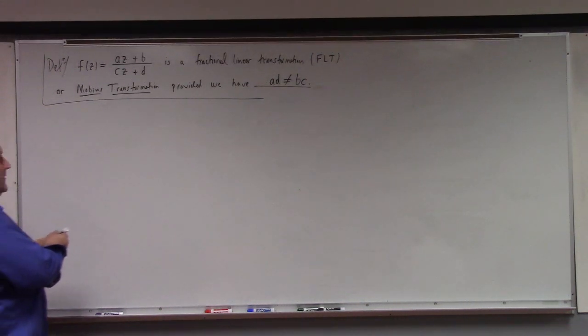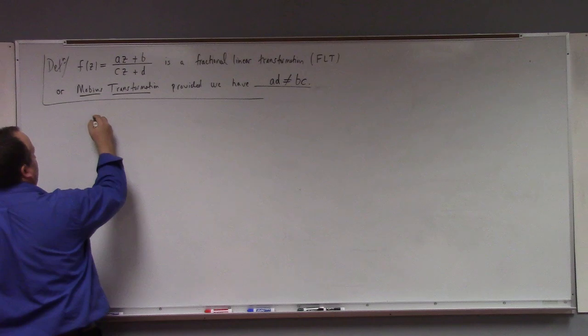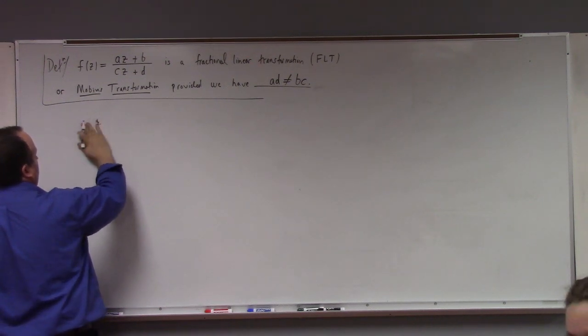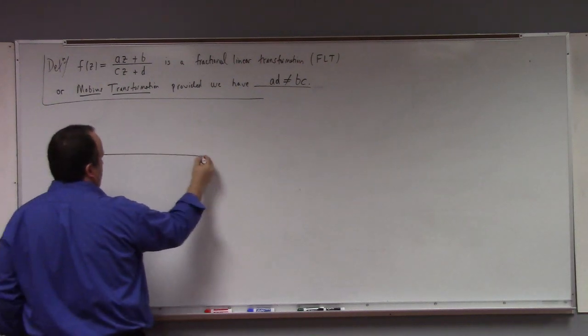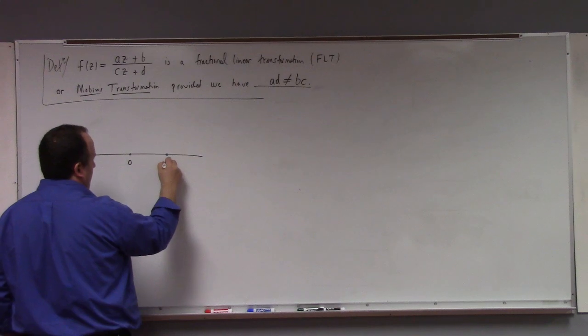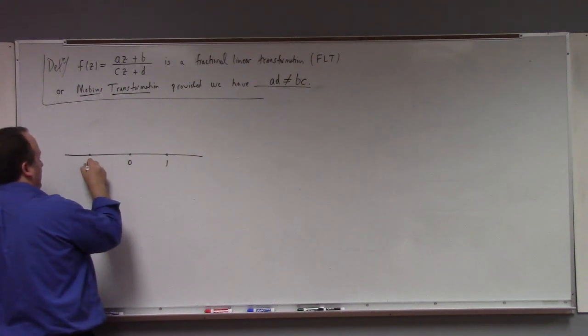So suppose you want to have, let's see here, suppose you've got 0, you've got 1, you've got -1.